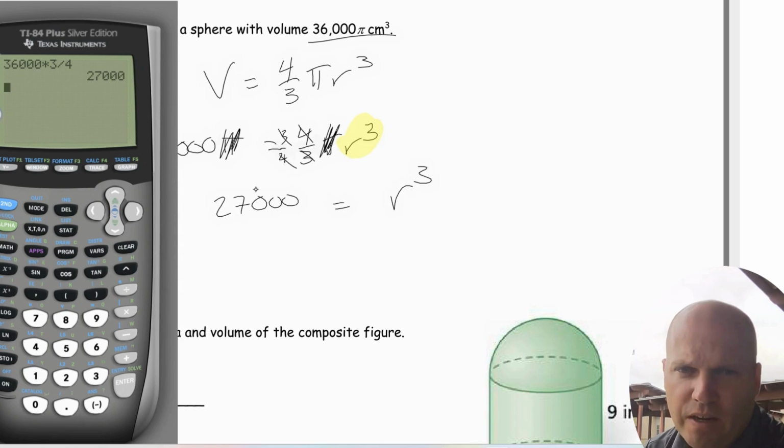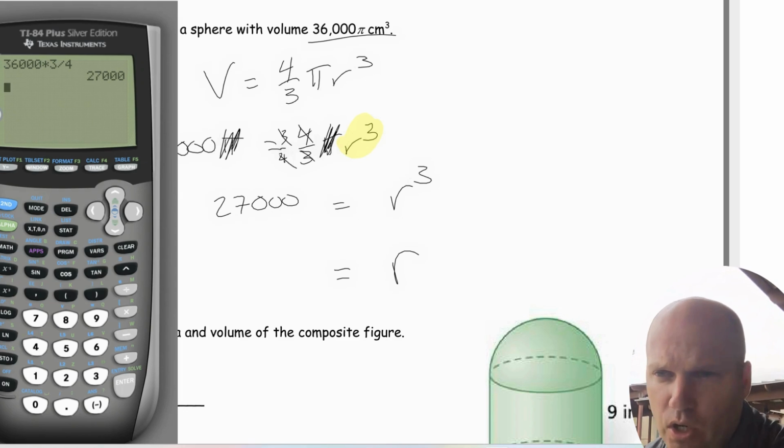Let's say you want to figure out what number times itself 3 times gives you this number. What we're going to do is called a cube root. Now, a cube root is like a square root. It's actually equal to a 1/3 power.